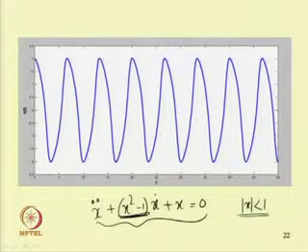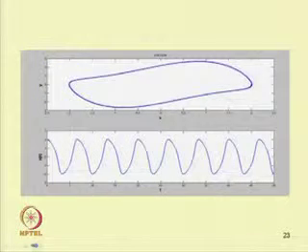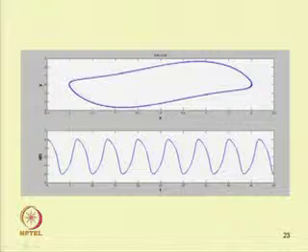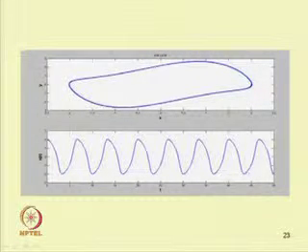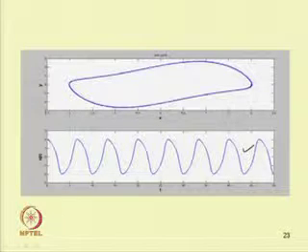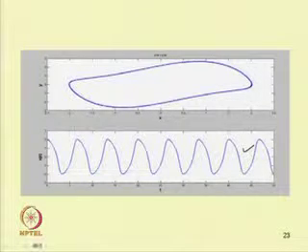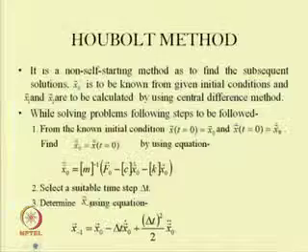So, one has this expansion and contraction of the curve. One can observe this from the phase portrait. The phase portrait y versus x is plotted here. This is the time response for this curve. So, by using this Runge-Kutta method, one can find the response in this way.